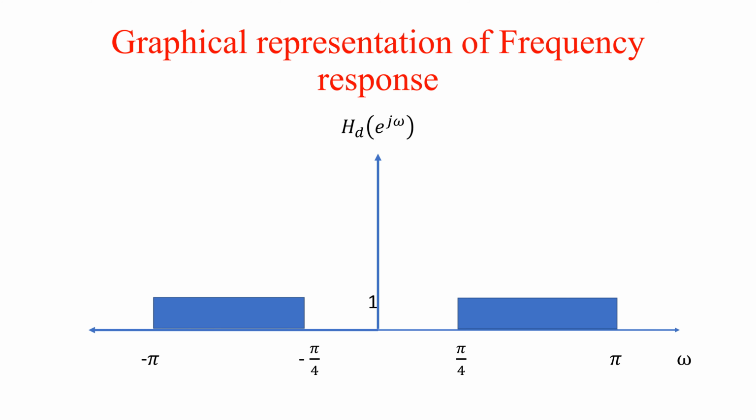Now we can draw it graphically so that the understanding will be better. You can see from pi by 4 to pi the magnitude is 1, and from minus pi to minus pi by 4 the magnitude is again 1. For the remaining values it is 0.